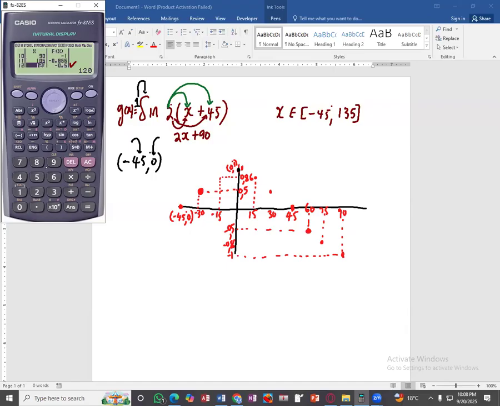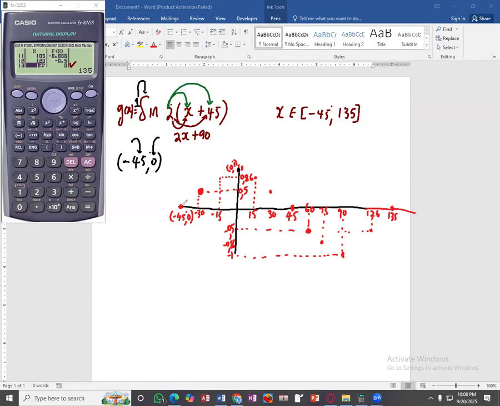We have 120 and negative 0.5, it's here. 135 and 0, it's a very important point, it is the x-intercept. It must be shown. It's here.